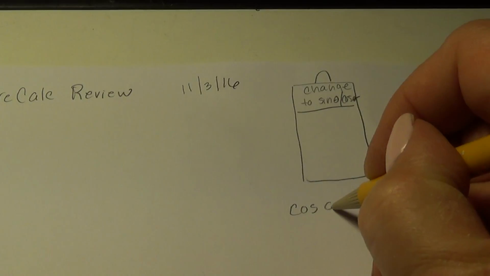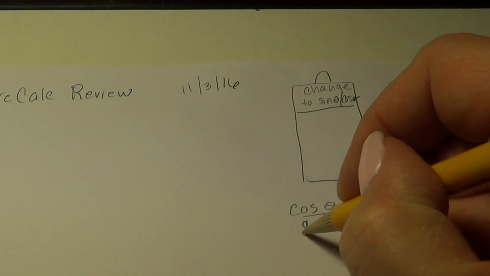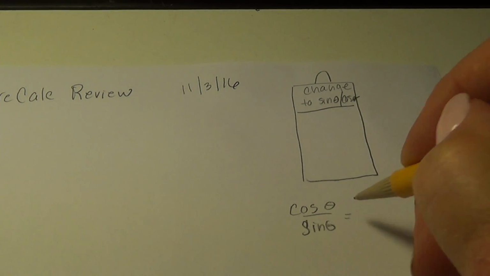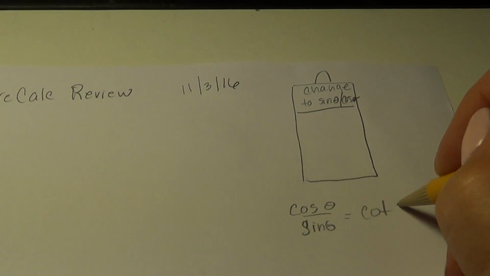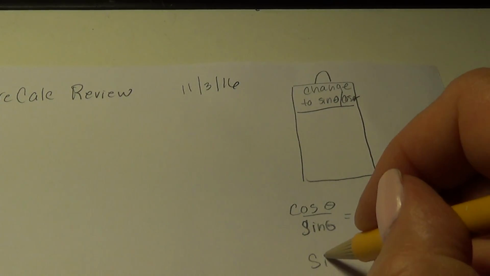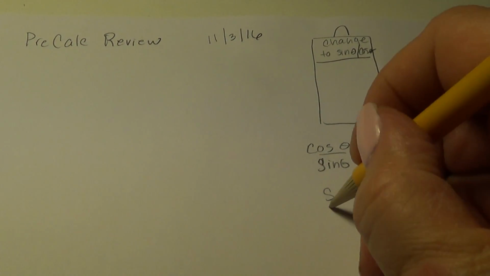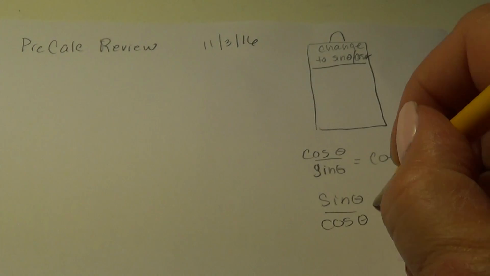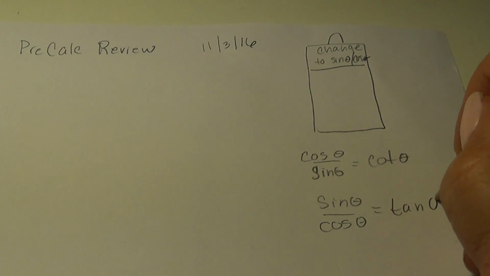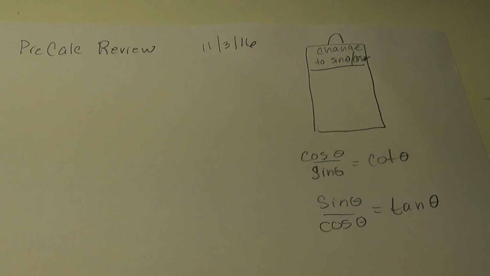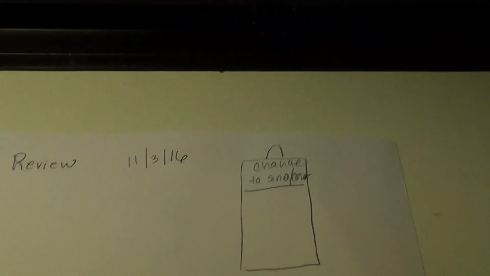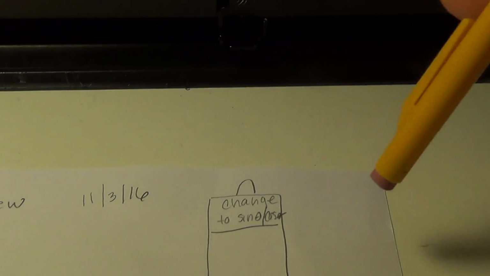Cosine over sine is the cotangent, and the sine over the cosine is the tangent. Those are often the ones you'll use to do that. So change everything to sine and cosine.